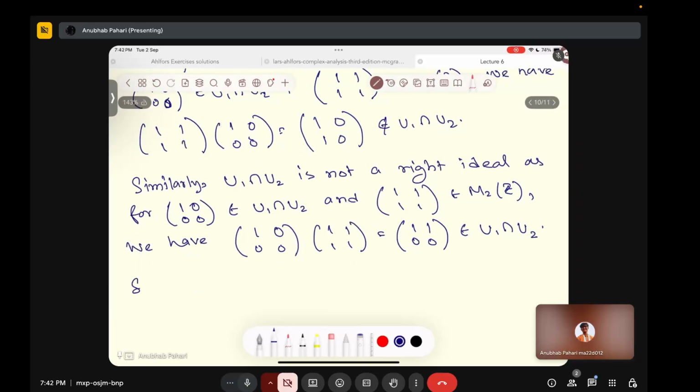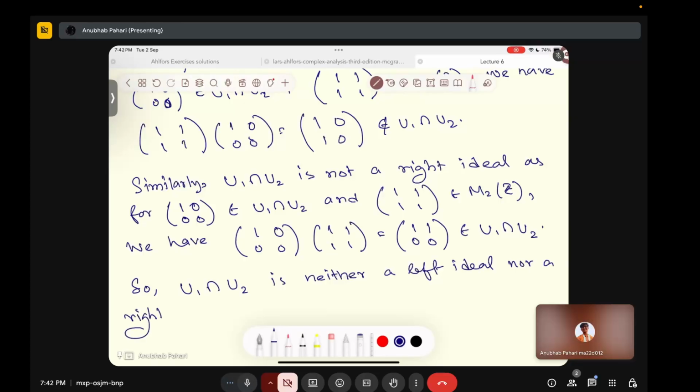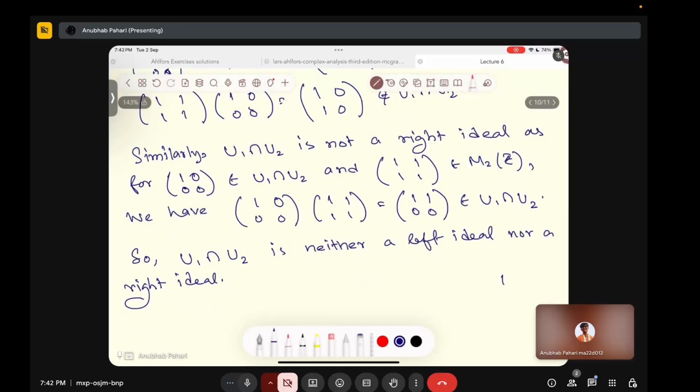So U1 intersection U2 is neither a left ideal nor a right ideal. So we are done.